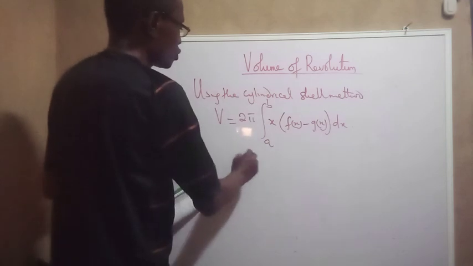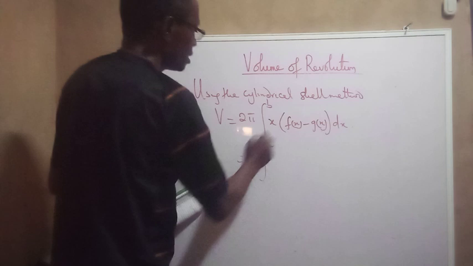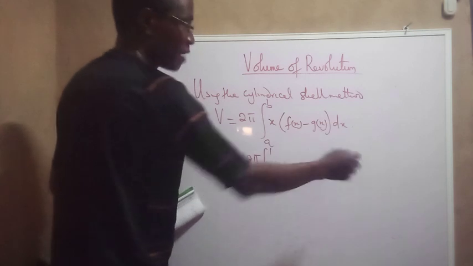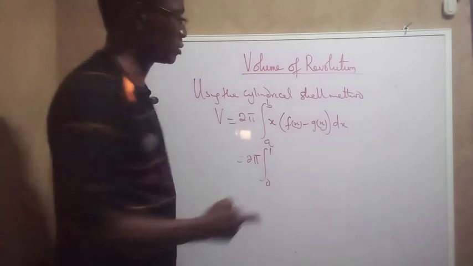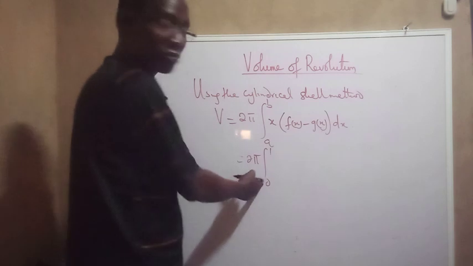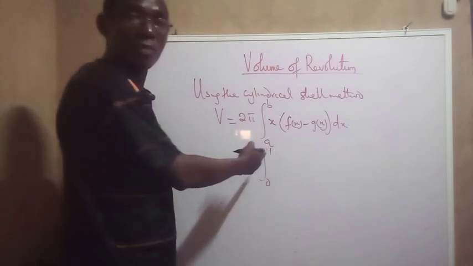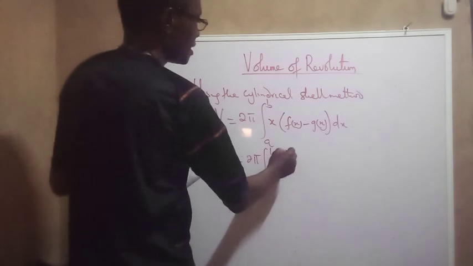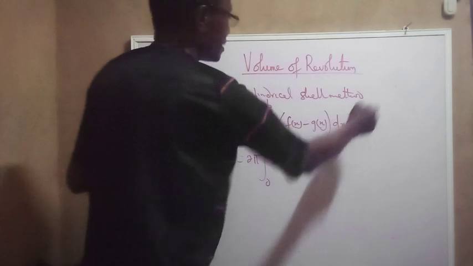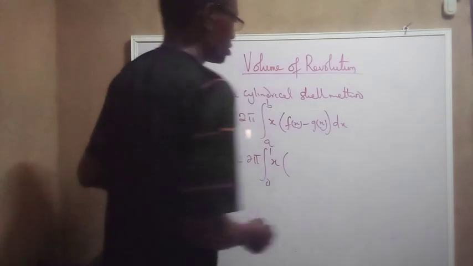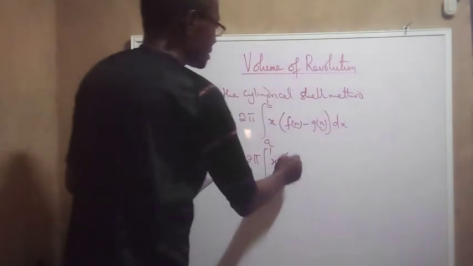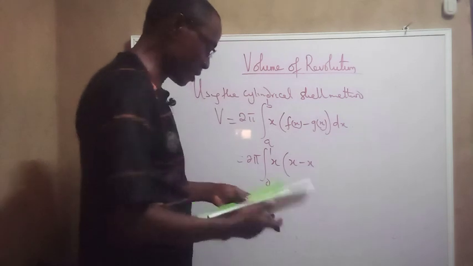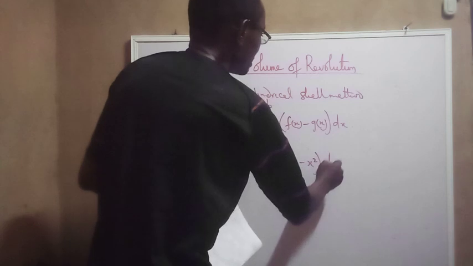So we have 2 pi, then 0, 1, because x goes from 0 to 1. 0 is the lower limit, while 1 is the upper limit. So we have x times, when we subtract our functions, x minus x squared dx.